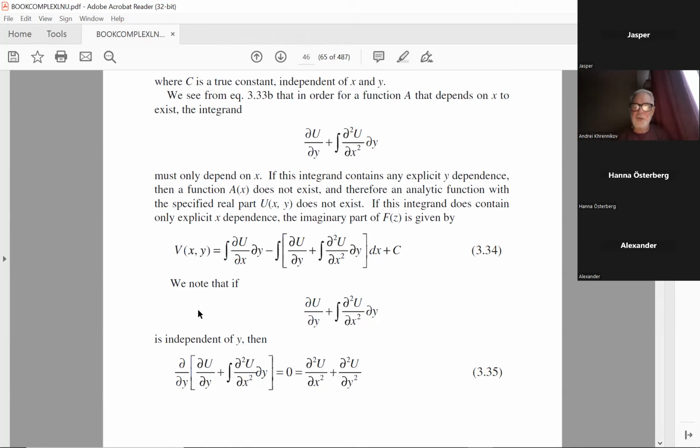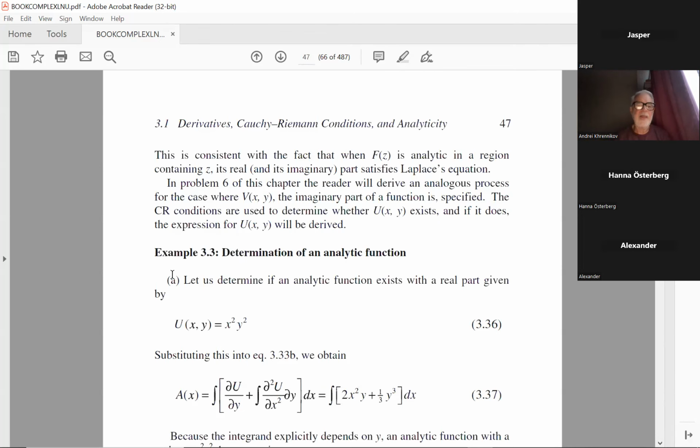So the function u plus i v would be analytic. From any function, this should also be somewhere in your brain. The details of the integrations are not so important, but it's important to remember that it is always possible, by having just one function of two variables, to construct an analytic function by this formula to find its imaginary part.